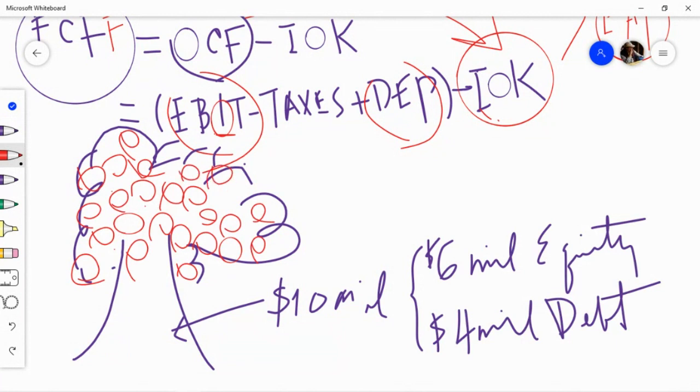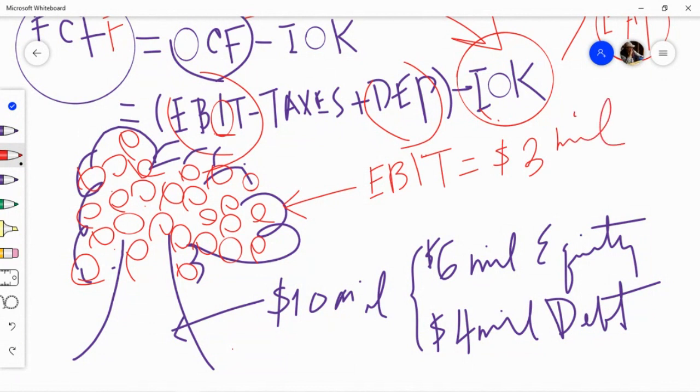This fruit is the output of the company. Let's say the fruits are like EBIT, and let's say it is $3 million.